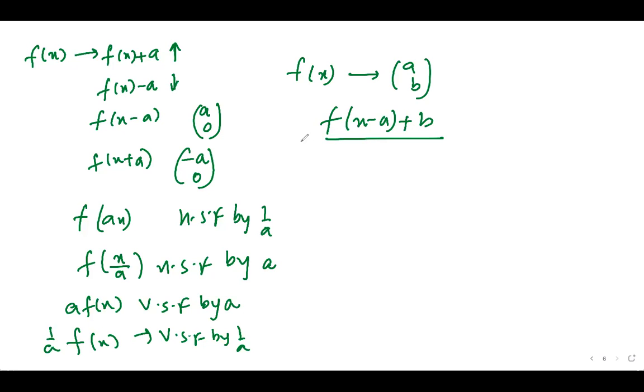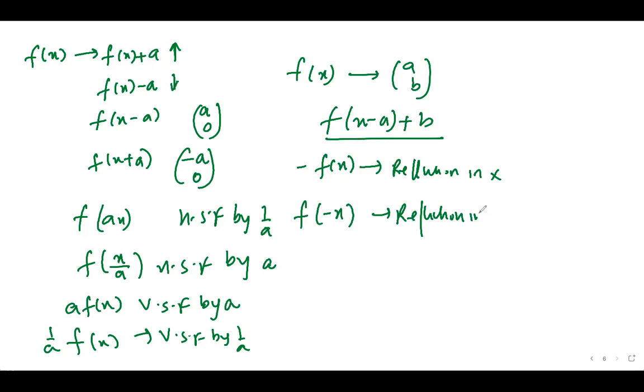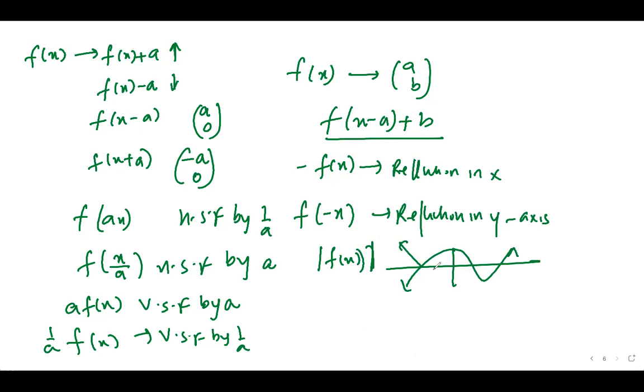Two transformations: negative of f of x is reflection in the x-axis. F of negative x is reflection in the y-axis. Then we have the absolute value of f of x, which is obviously going to reflect the parts that are below the x-axis, so those parts basically get reflected in the x-axis.